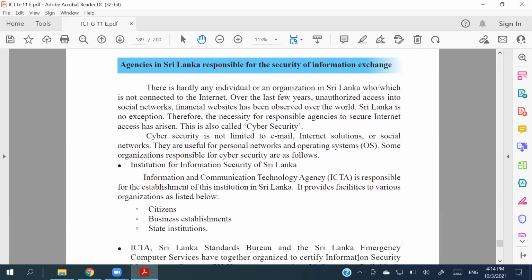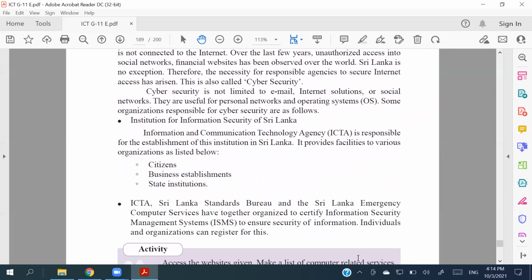If someone faces a hacking situation, or any unauthorized entry through the web or the telecommunication network, we can complain to the ICTA, and ICTA will get involved in those matters and guide people with the specific security details.